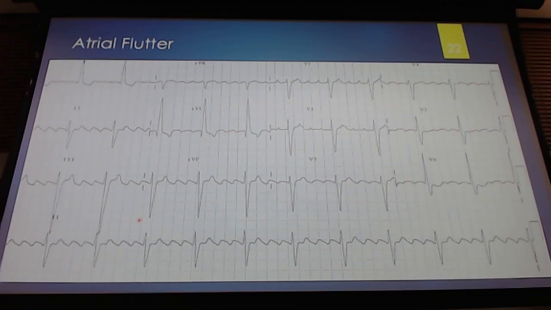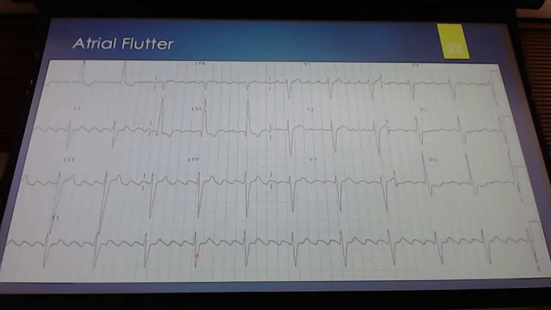We count our flutter waves. 1, 2, 3, and then we have depolarization of the ventricle. 1, 2, 3, depolarization of the ventricles. So it's a regular block. For every 3 flutter waves, we get 1 depolarization, and that's just how it's working out for this specific EKG for this specific patient.